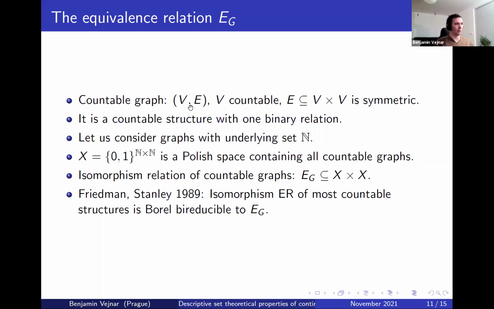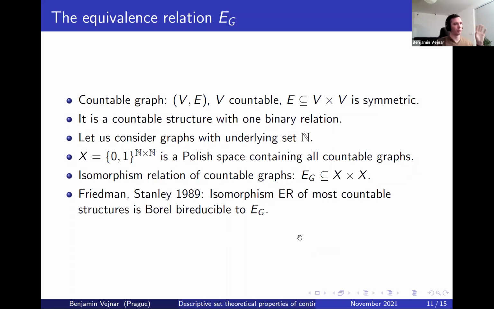You can do the same, but instead of countable graphs, you just consider countable linear orders. These can be coded in a similar way into a Polish space. And the isomorphism equivalence relation of these countable orders is Borel bireducible to this EG. Okay, so this describes a complexity degree, which is sometimes called the complexity of countable structures.